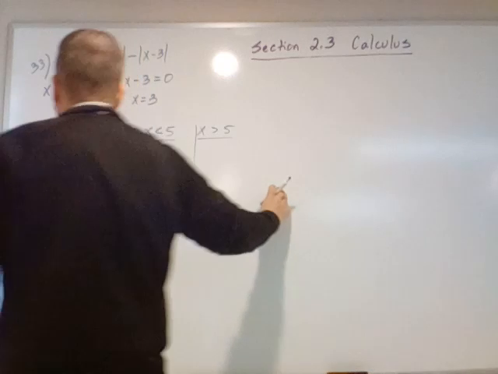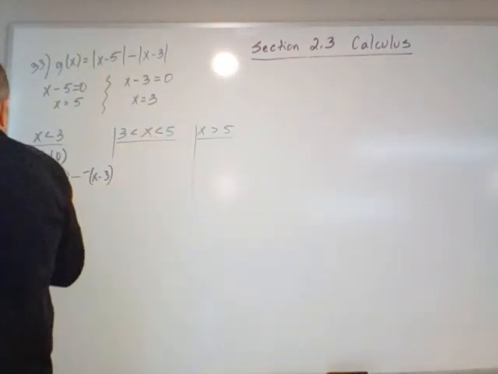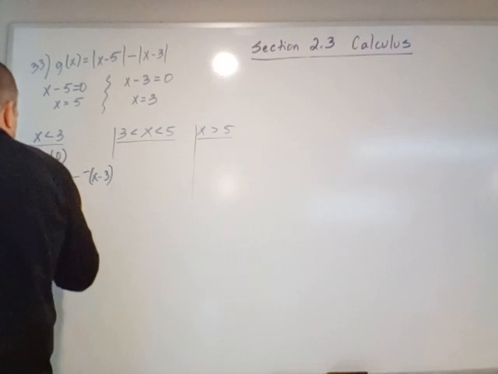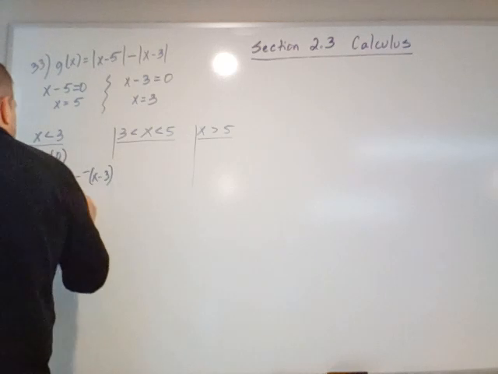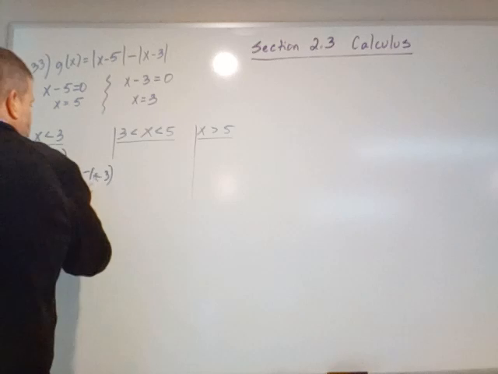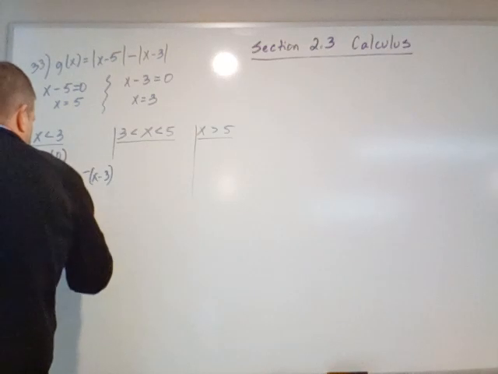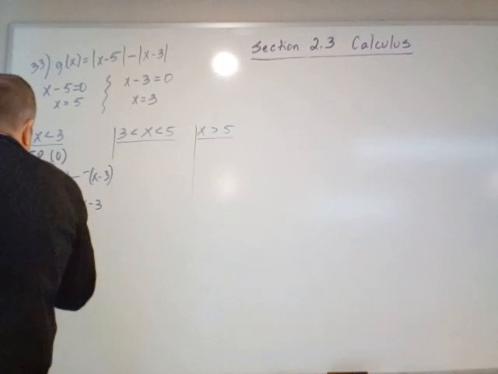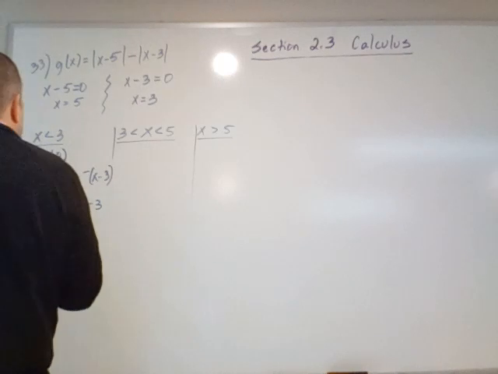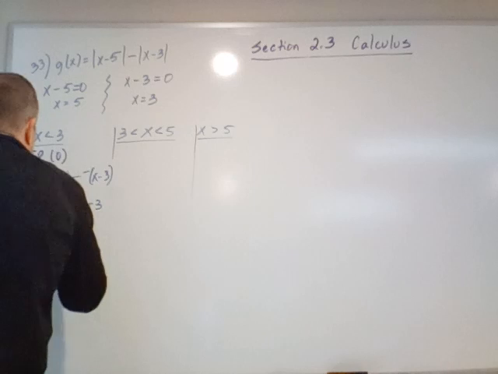Okay, so what that means is we have g of x equals opposite x plus 5. The negative negative is going to make a positive, so I'm going to say plus x minus 3. Take it one more step. I have g of x equals 2.